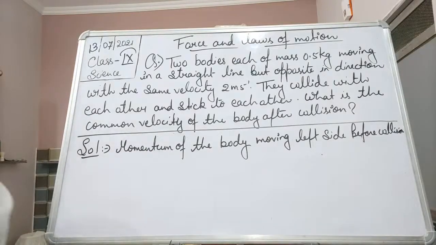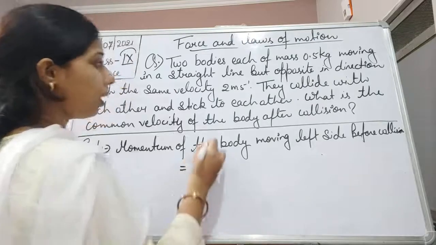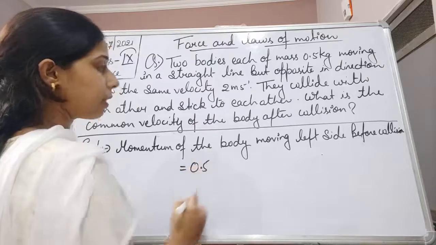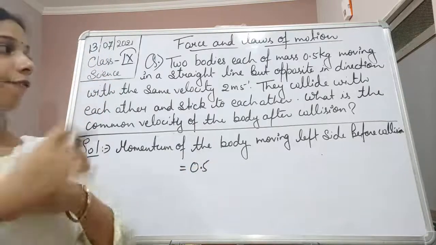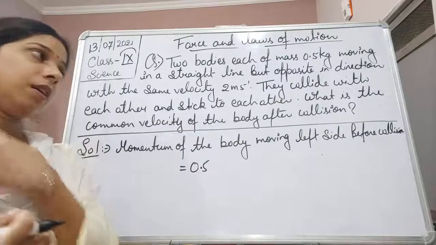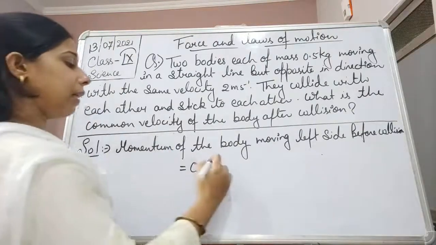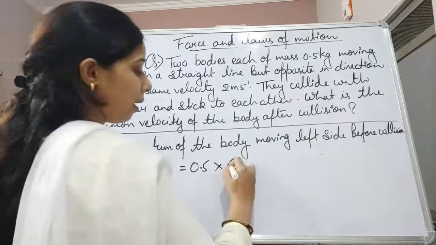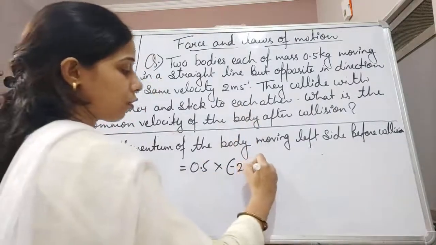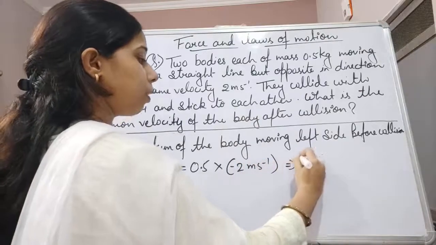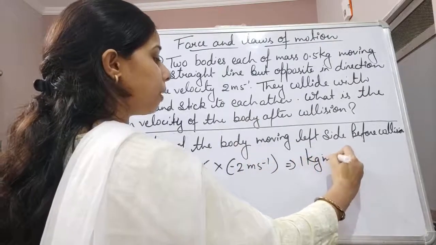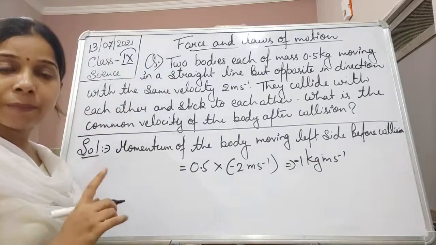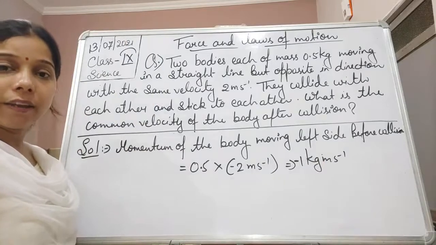The mass is given, so this will be equal to m into v. The mass is 0.5, and the velocity, since it was moving in the left side, we can take as minus 2. Minus 2 means it is moving in the opposite direction. So this will be equal to minus 1 kg meter per second. So this is the first case, in which the object is moving at the left side.